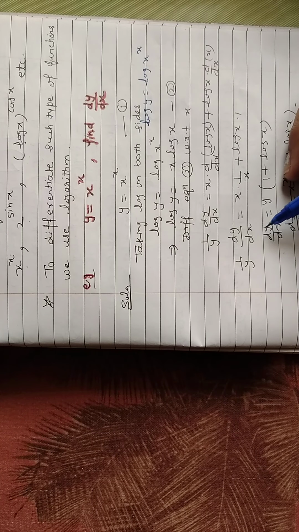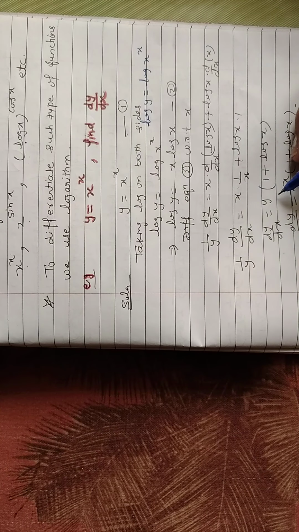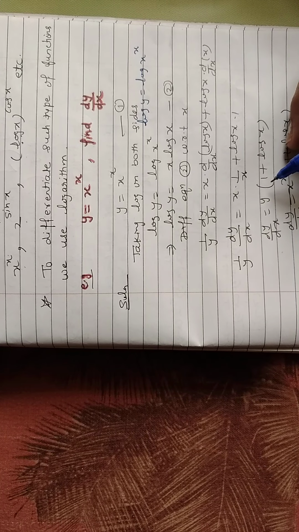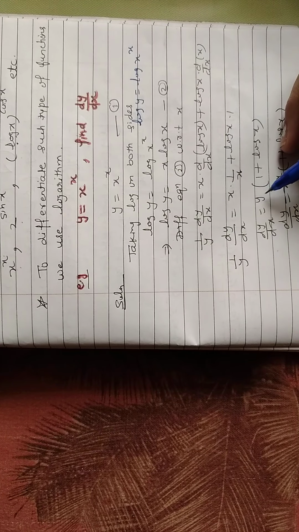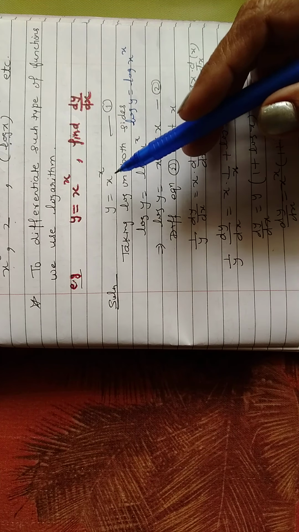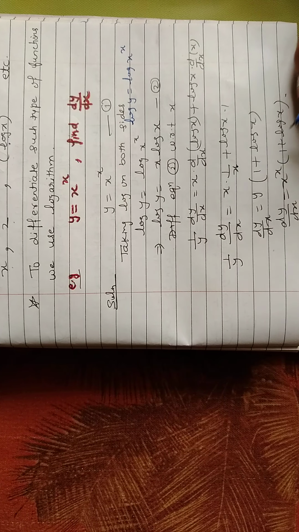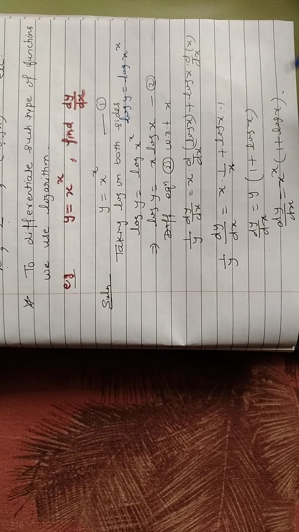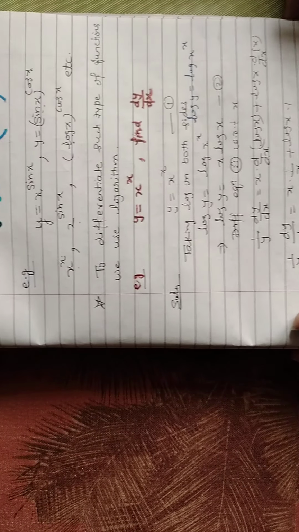Then this y will go on that side, and here it will be 1 plus log x. At last, in place of y, you will put the original value x raised to power x. So finally your answer will be only in x. So dy by dx is equal to x raised to power x into (1 plus log x).